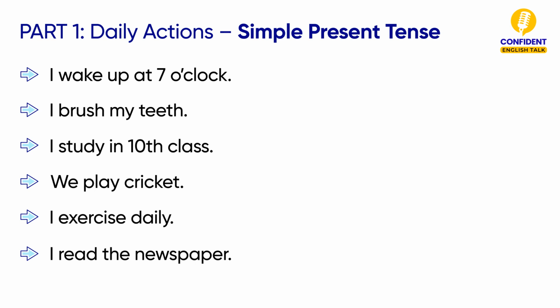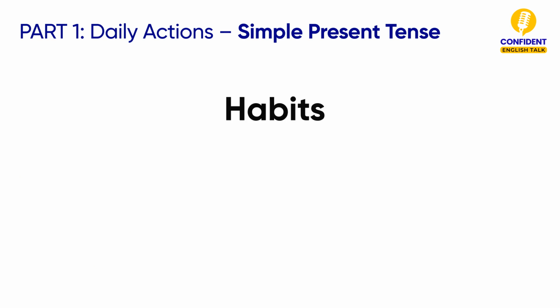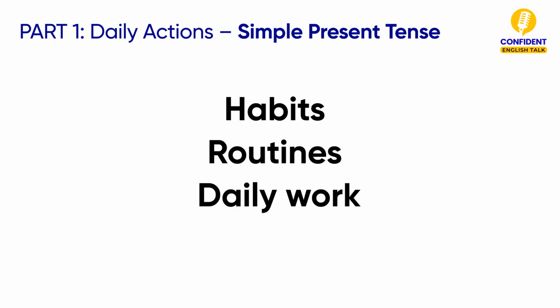In all these sentences, we are using simple verbs like wake up, brush, study, play, exercise, read. Do you know why? Because these are daily actions, things we do every day. When you talk about habits, routines, or daily work, use simple verbs.